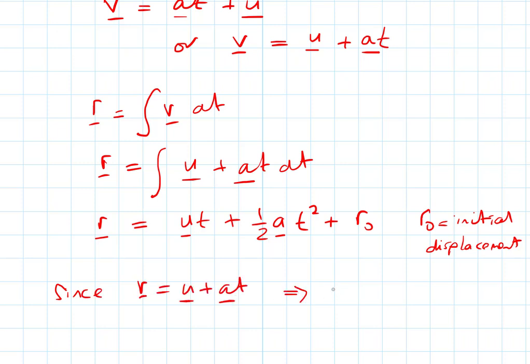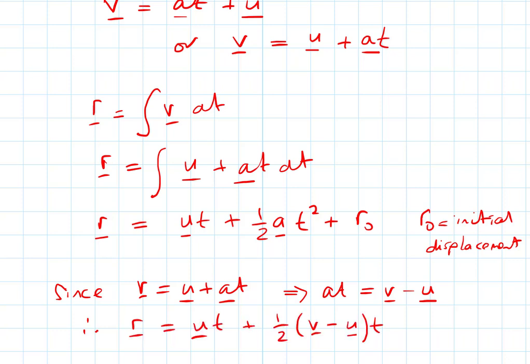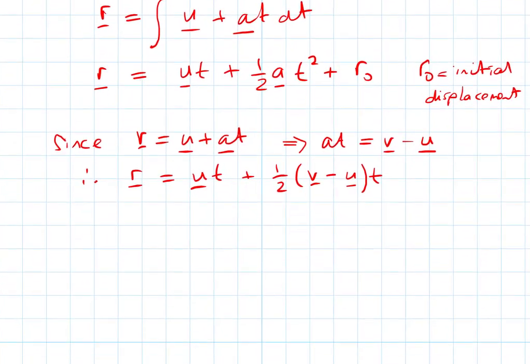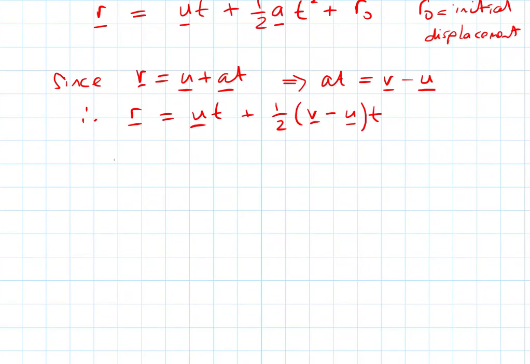Now a bit of rearranging, similar to what you would have done for the constant acceleration formulae. If we know that v equals u plus at, then we can work out what at is going to equal, and substitute it into the expression above. This is just a bit of algebraic manipulation to enable us to rewrite the displacement formula.